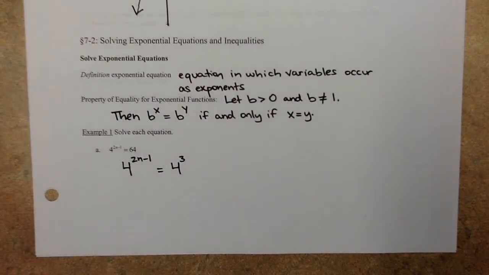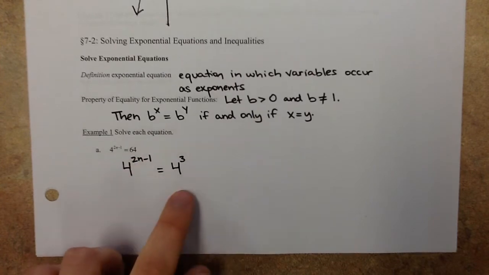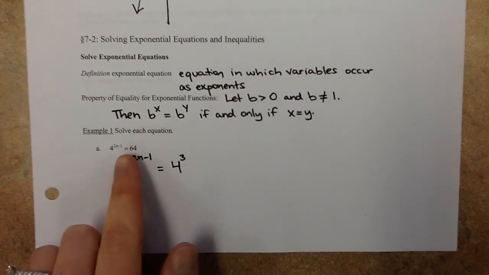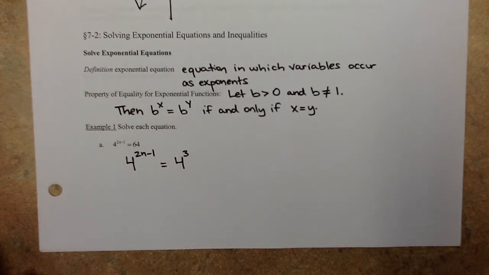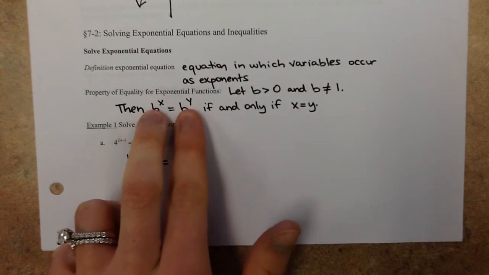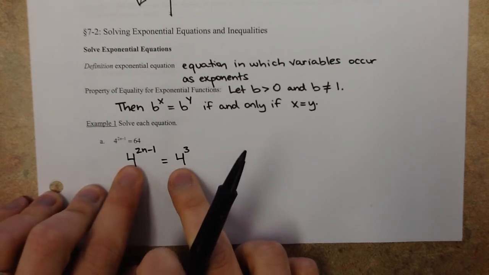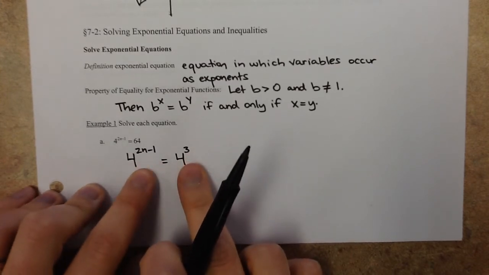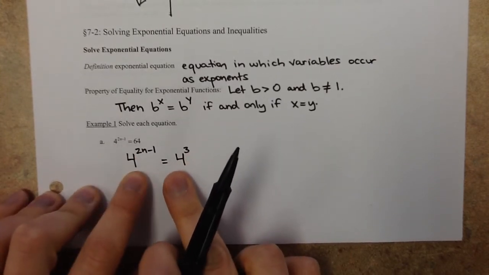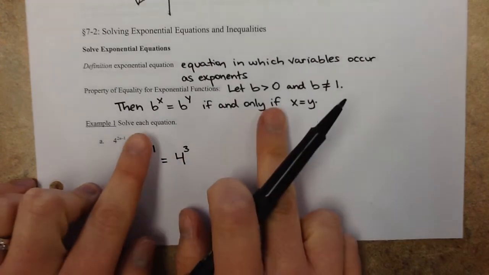So that's our main technique that we use with these equations. Like I said, it's absolutely essential that you know that 64 is 4 to the third. If you don't know that, you won't go any farther than this original equation. So once we get this, it transfers into this property of equality right here. If we have the same base with different powers, and we know these two sides are equal, which we know because that's the equation that was given to us, we know that their powers must be equal.